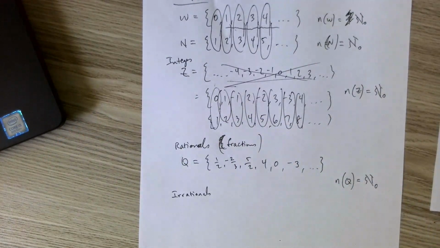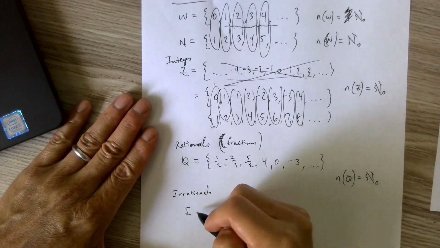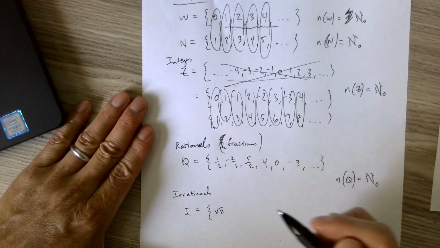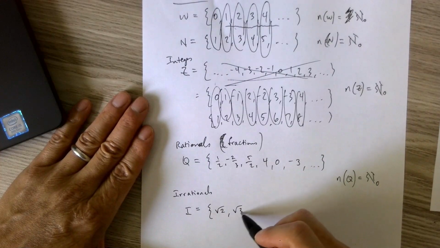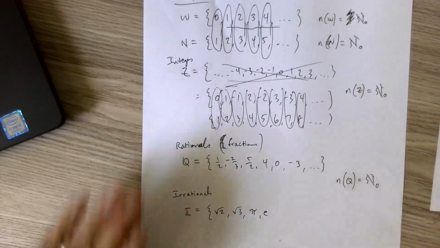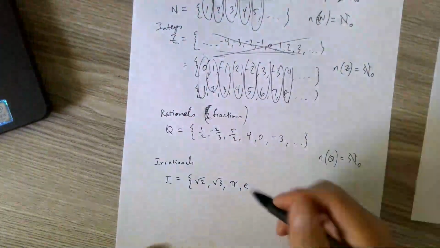Now, irrationals, abbreviated I, include square roots of non-perfect squares like square root of 2, square root of 3, pi, e, what are known as transcendental irrationals, and so on.